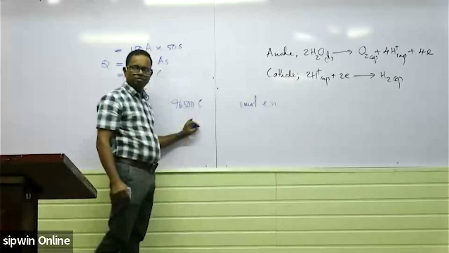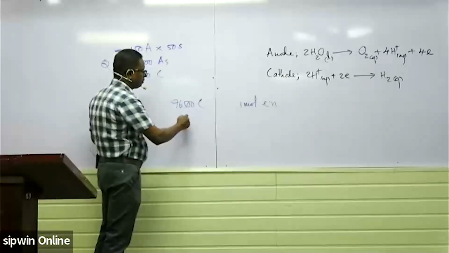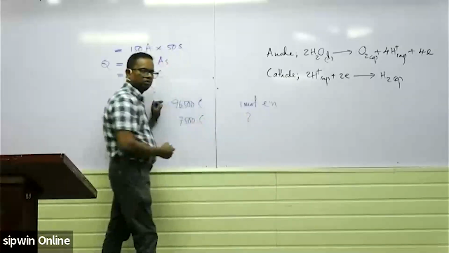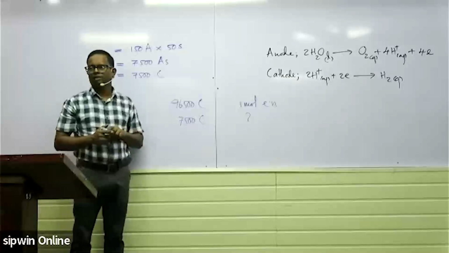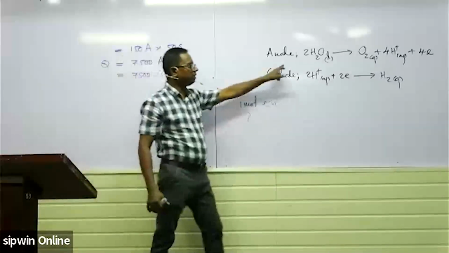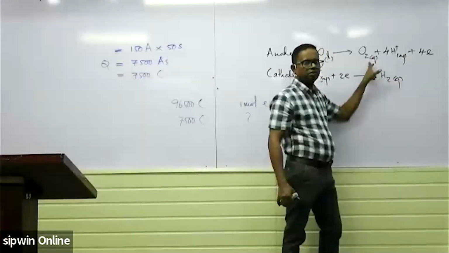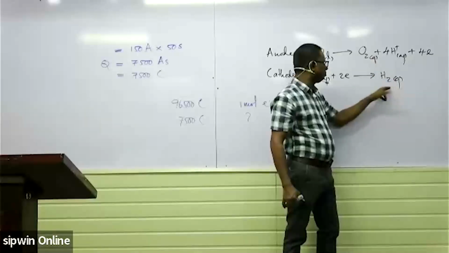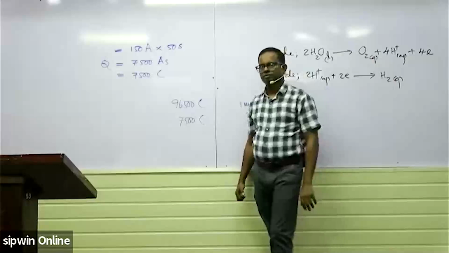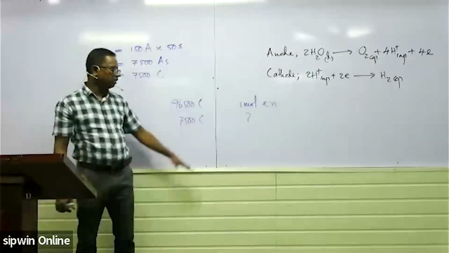Therefore, 7,500 coulombs means how many electron moles? Why do I take electron moles? When you know the electron moles, you can easily find the answers.